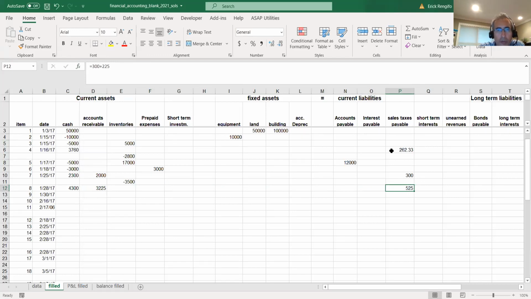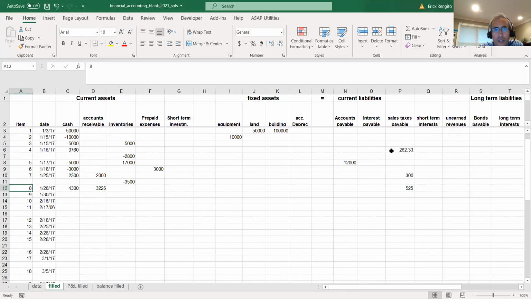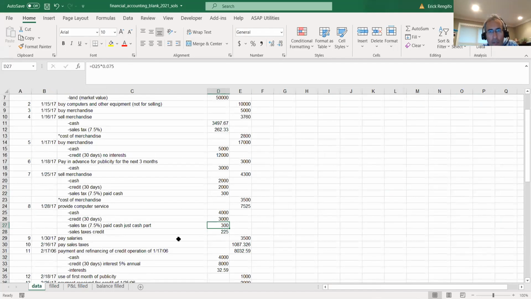So what is going to be my revenue? My revenue is going to be $7,000, correct? Guys, you agree with me or not? So it's basically these monies minus the 525. So it's 7,525 minus 525. This implies that my revenues are $7,000. I don't have any cost of merchandise because this is a service. Perhaps I can have labor, but in any case, I don't have any cost of merchandise.